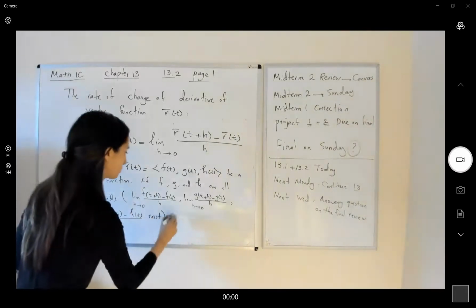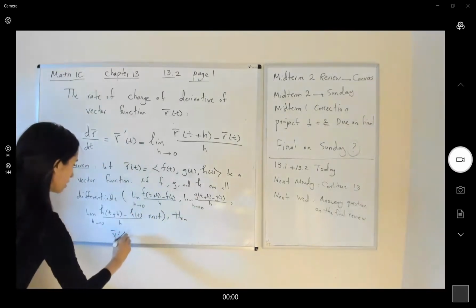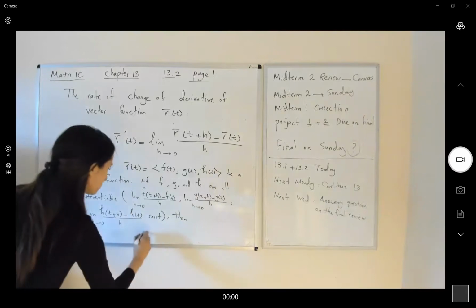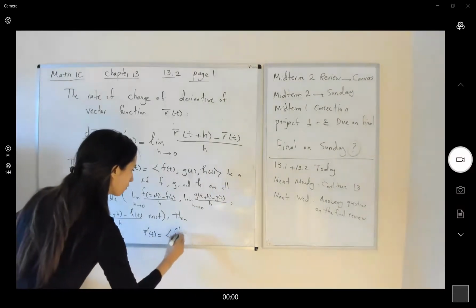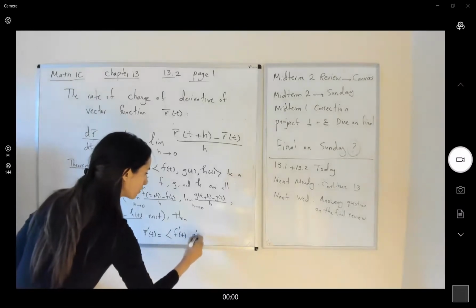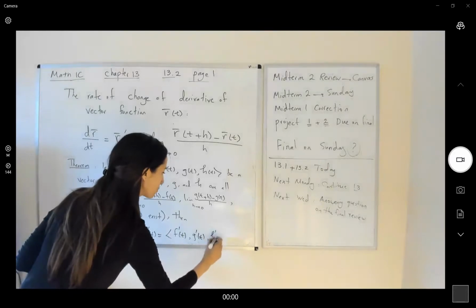Then the derivative of your vector function is equal to the derivative of f, derivative of g, and derivative of h.